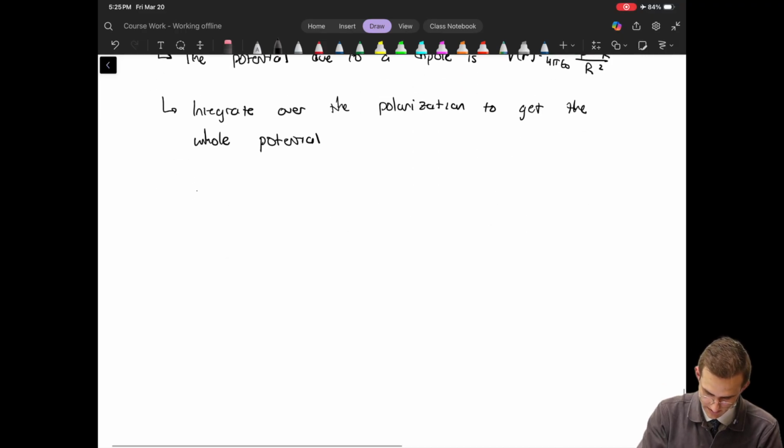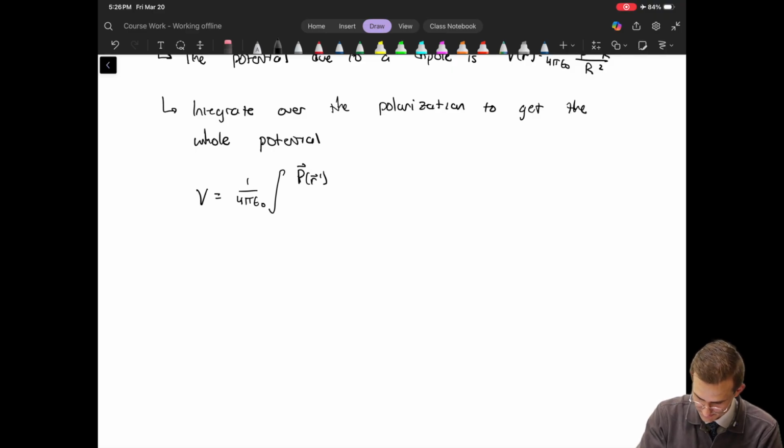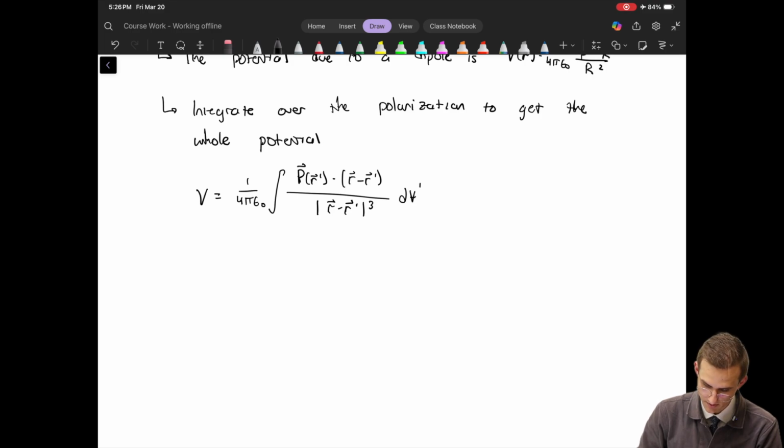Well, we get V equal to 1 over 4 pi epsilon naught, and now we bring in our r's and r primes. So we have capital P of r prime, because we're integrating over those primed variables, that's where the source is, times R minus R prime over the magnitude of R minus R prime cubed, dV prime.